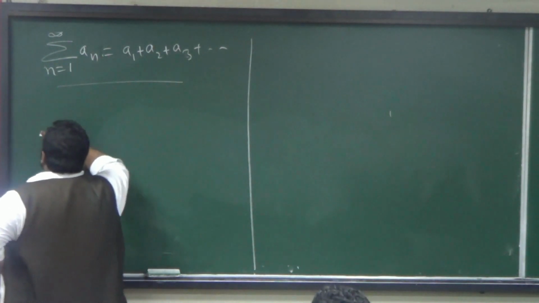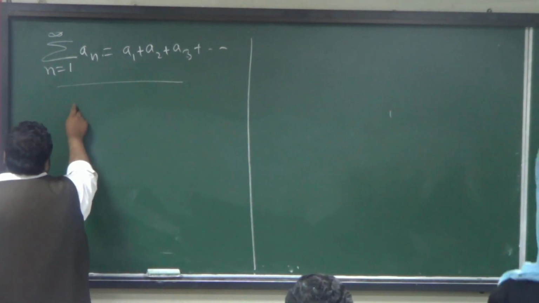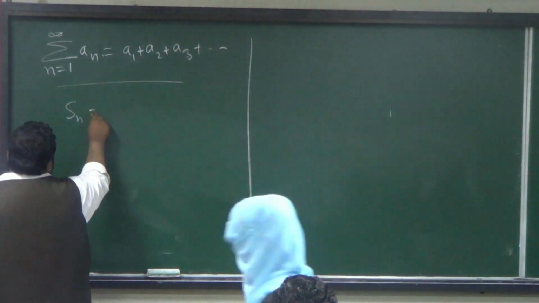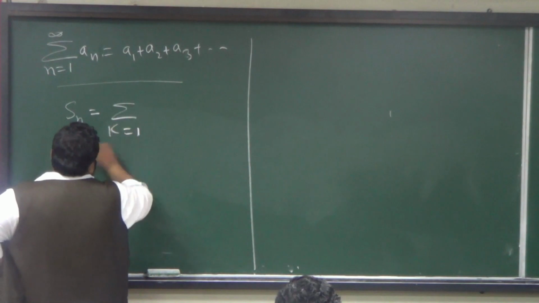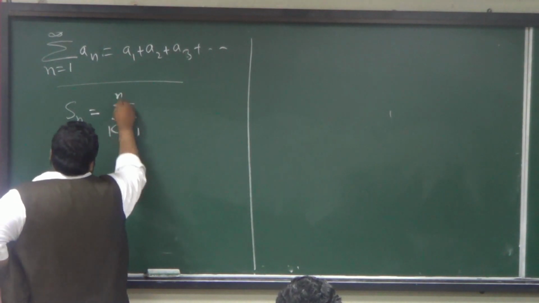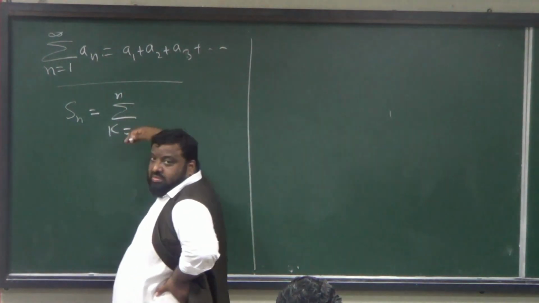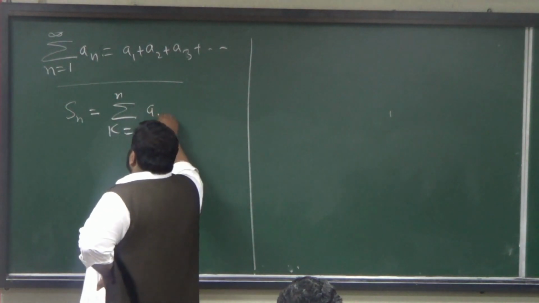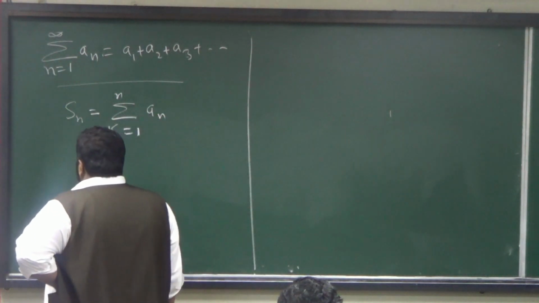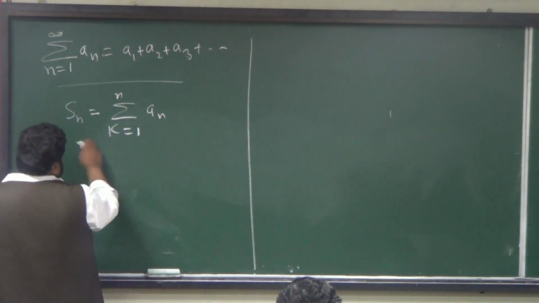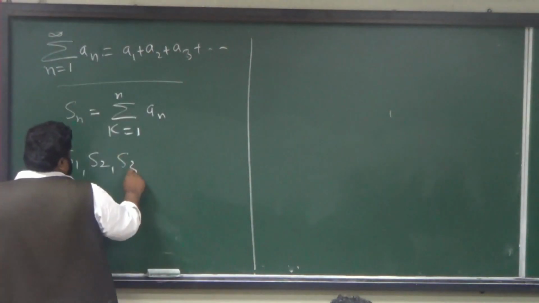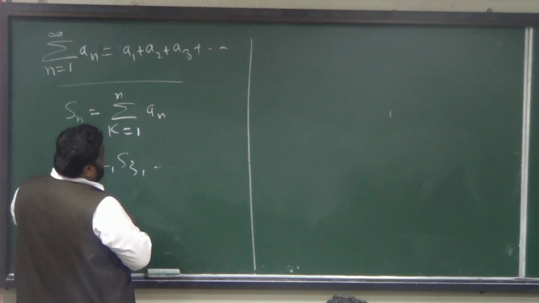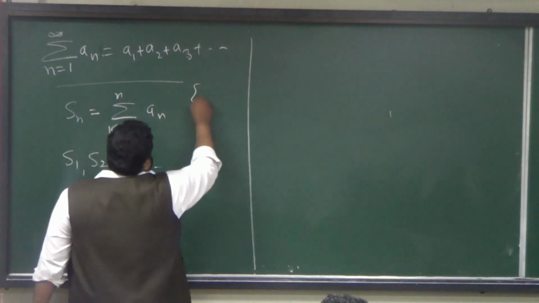The meaning of this is that you take the sequence Sn, which is the sequence of the partial sums. So it's like finite sums, all possible finite sums of the terms of the sequence An.